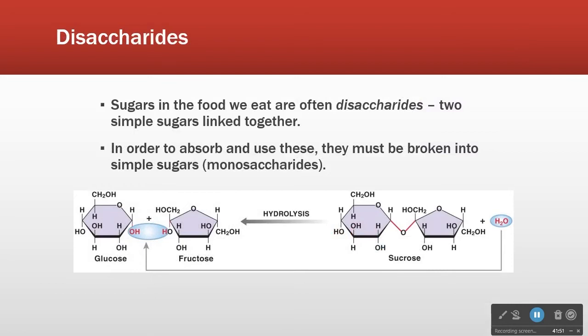plants tend to make disaccharides. Now, disaccharides are two simple sugars stuck together with a simple hydrolysis. So table sugar, sucrose, is made of a fructose saccharide and a glucose saccharide attached with an oxygen, right? And we can separate those very easily through hydrolysis like we talked about earlier.